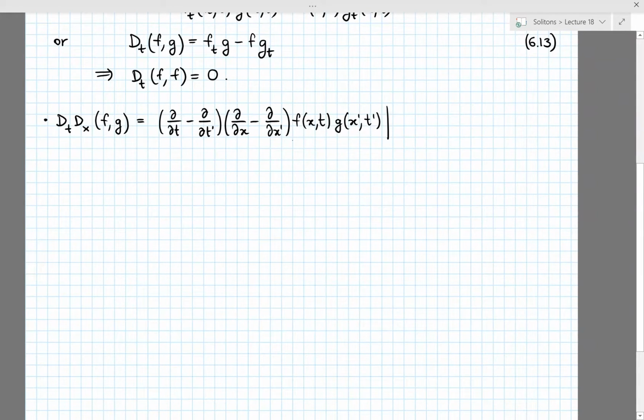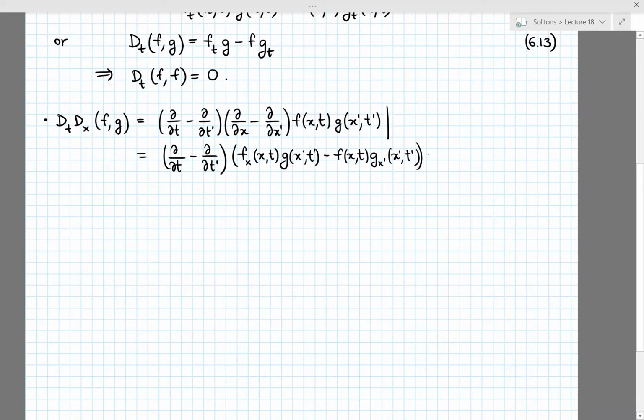So let's first do the x and x prime derivatives. So we still get the partial derivative with respect to t and t prime in front. And then what we have is f_x of x t times g of x prime t prime minus f of x t g_x prime of x prime t prime. So important point to notice is that unprimed derivatives act only on f.